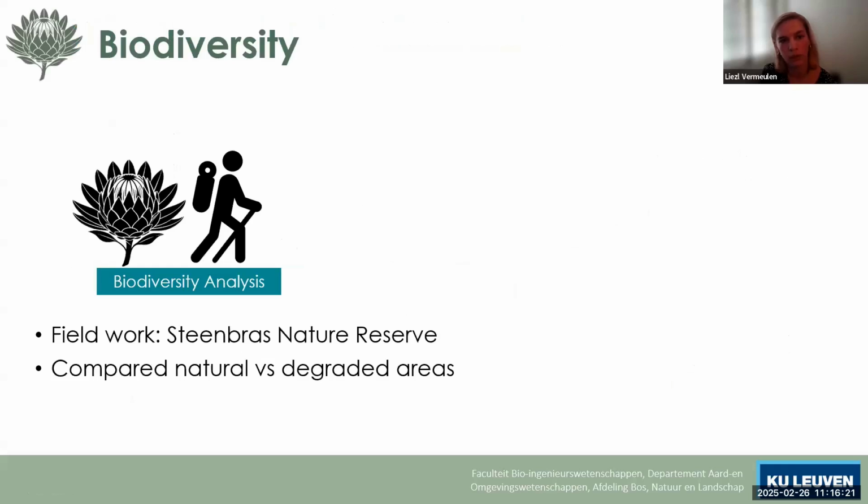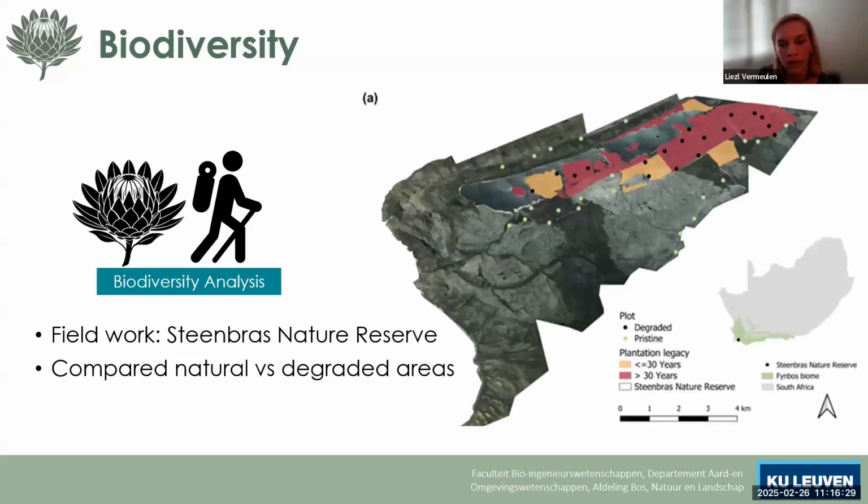So to assess the first thing, biodiversity, we did a biodiversity analysis, which involved some fieldwork in the Steenbras Nature Reserve. Here we have the study area. You can see it laid out. And these different colored dots are where we did our field campaigns, where we measured biodiversity. We essentially wanted to compare natural areas that have not been impacted by plantation in the past versus degraded areas that have.